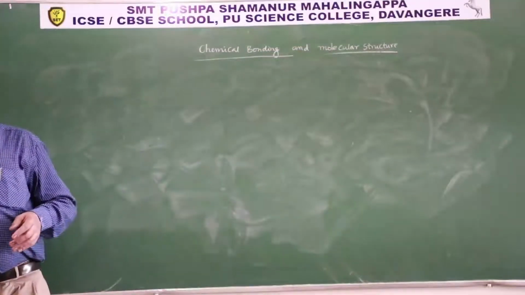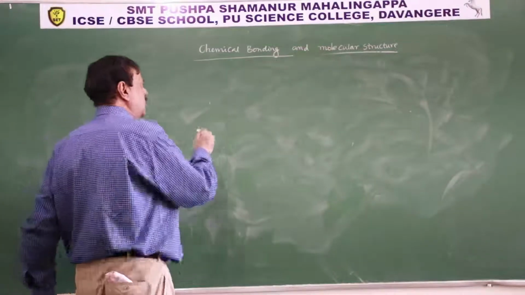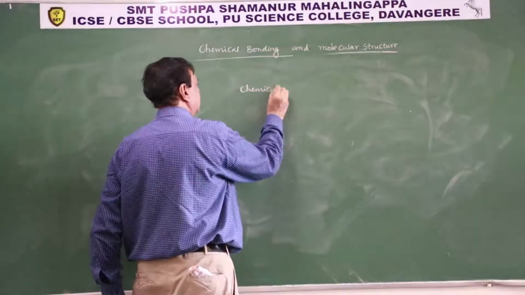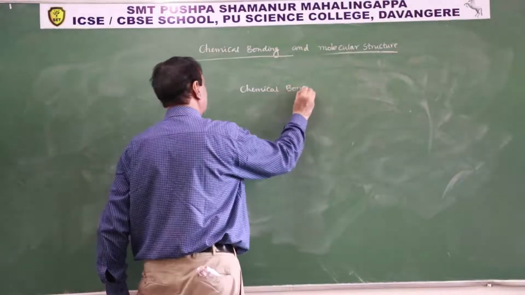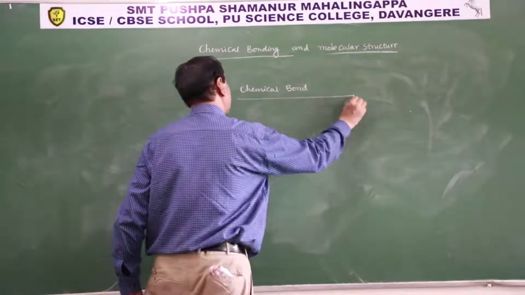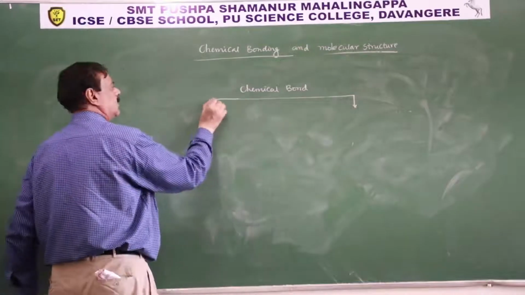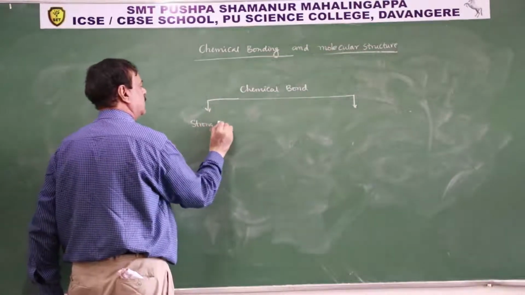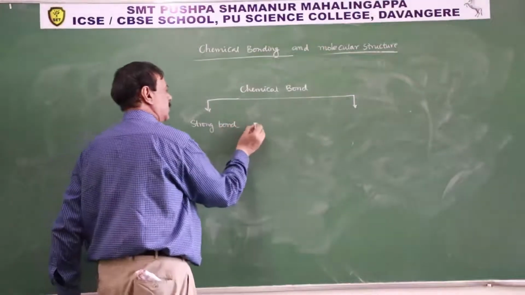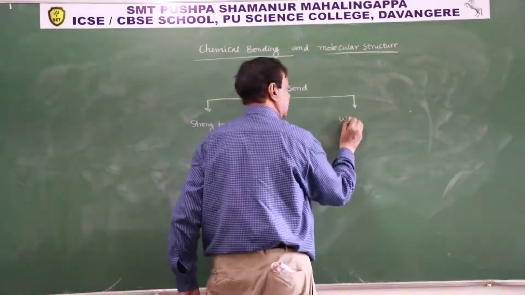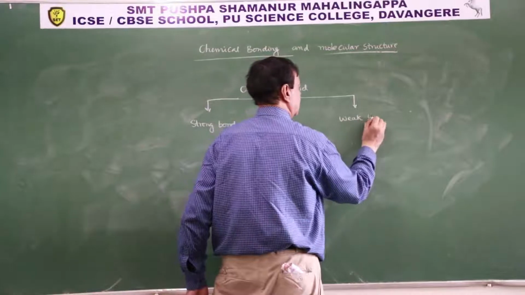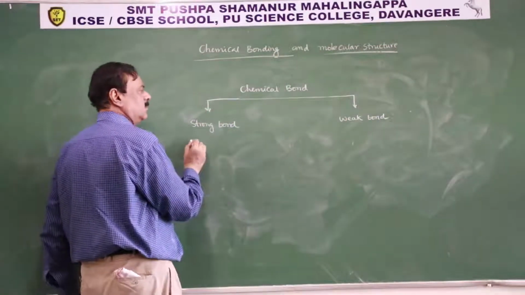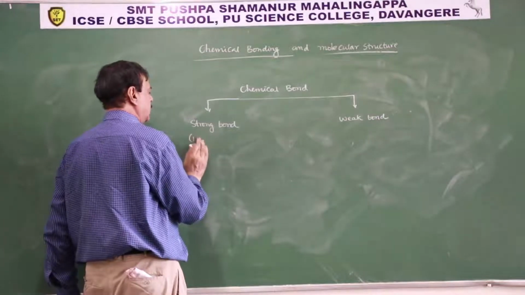Chemical bonds are classified into different classes: strong bonds and weak bonds. In a strong bond, molecules are stable.